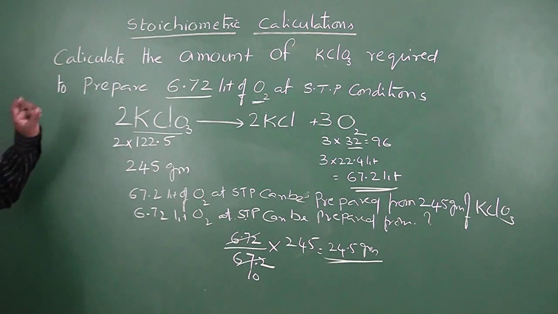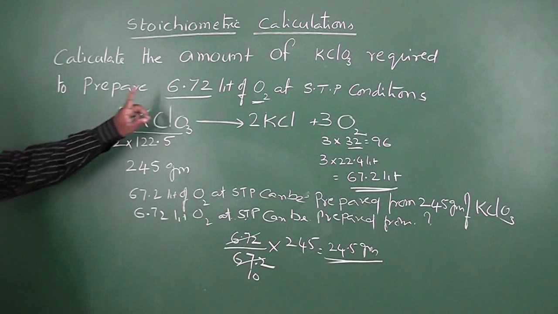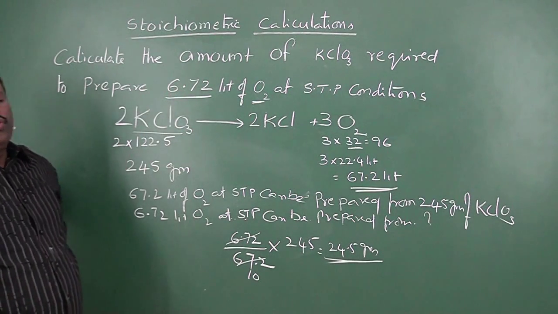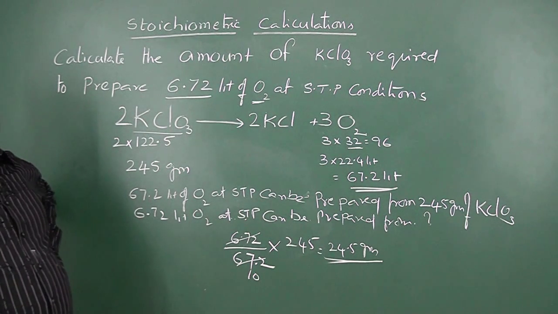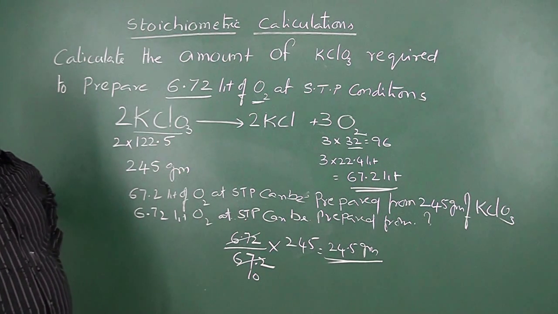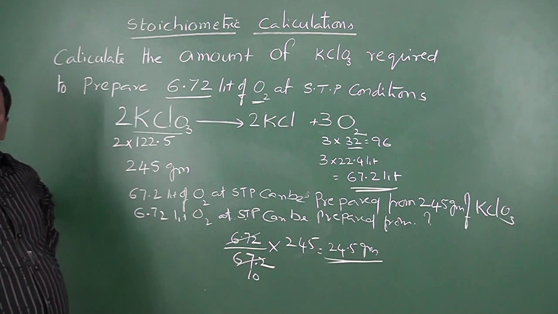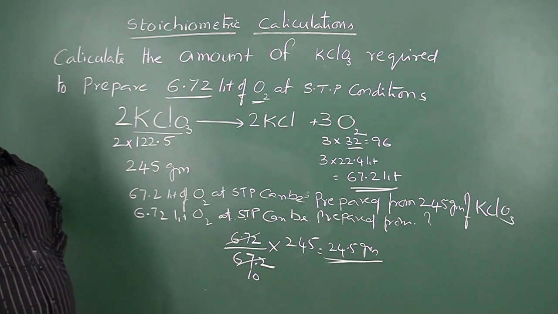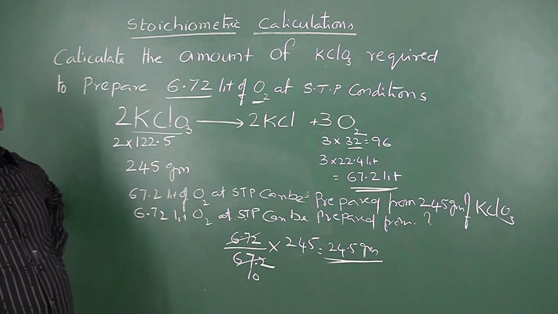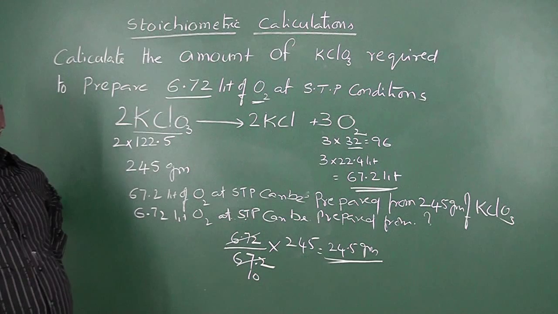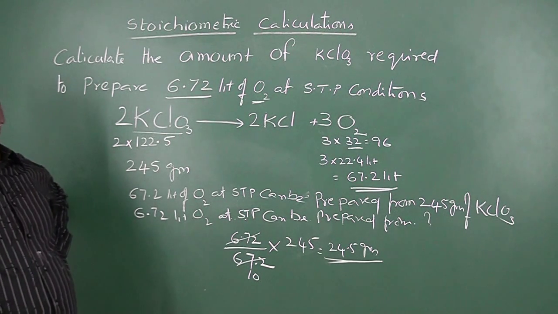So once again, calculate the amount of KClO3 required to prepare 6.72 liters of O2 at STP conditions. First you should know how O2 is prepared from KClO3. You should know that process because this is a very important and familiar reaction.